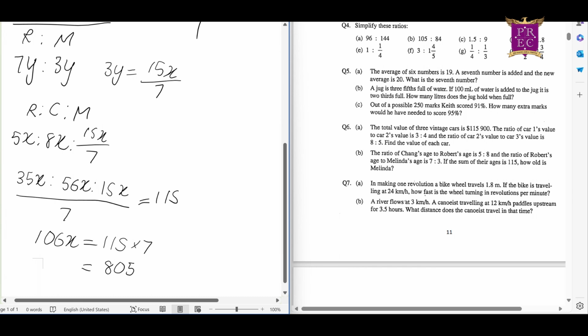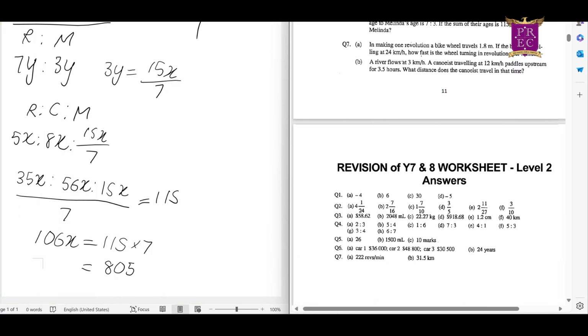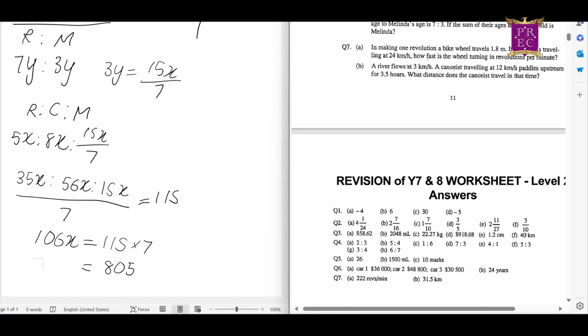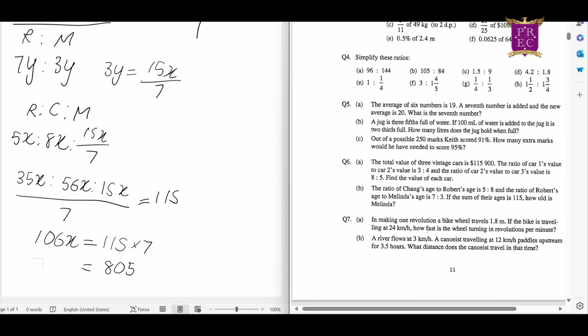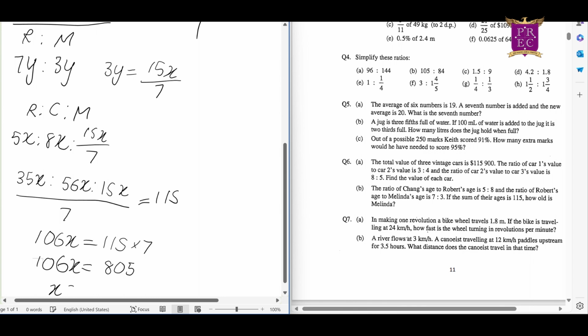115 times 7 is 805. Let's quickly check the answer. We're looking for Melinda's age in 24 years. Melinda's age in x. Okay, 106x divided by 805, which gives us 7.5 something.